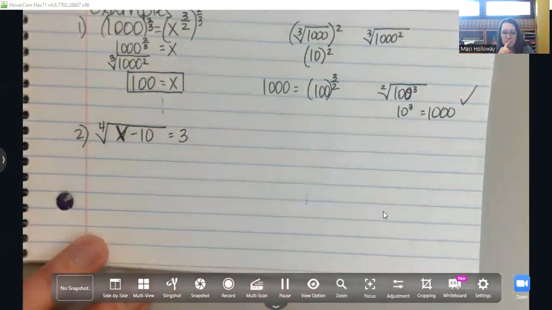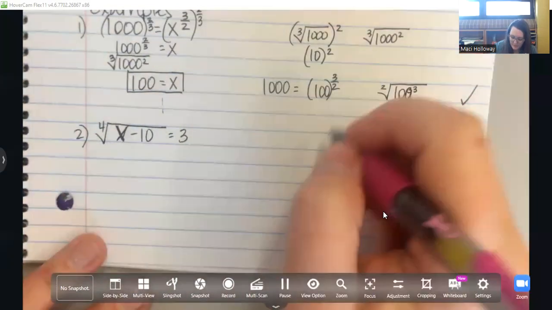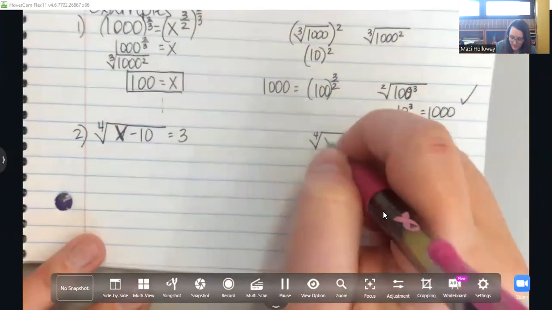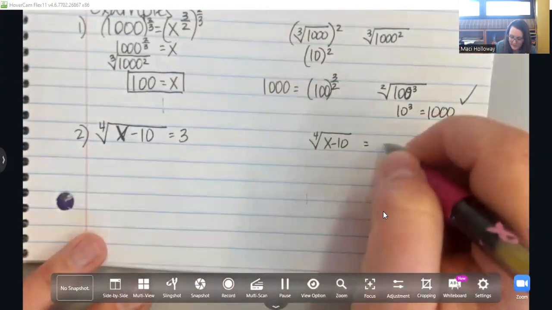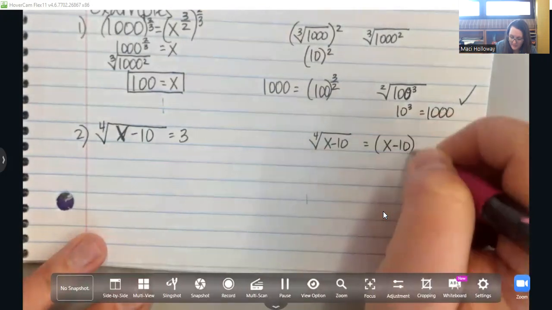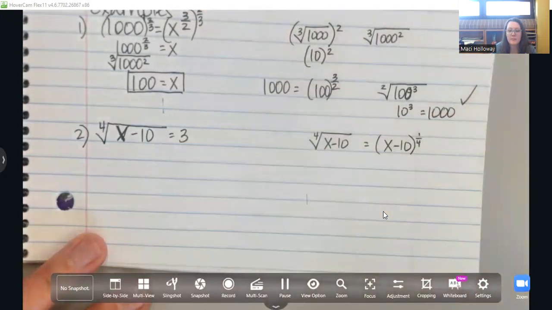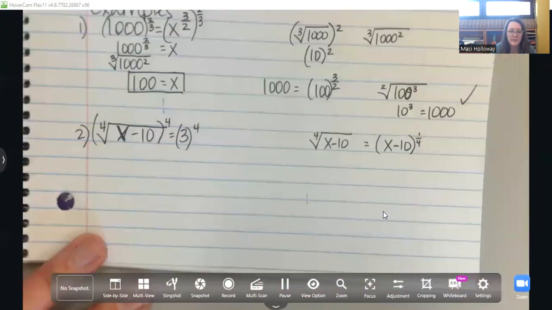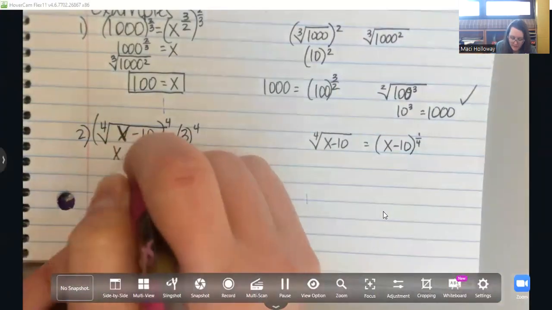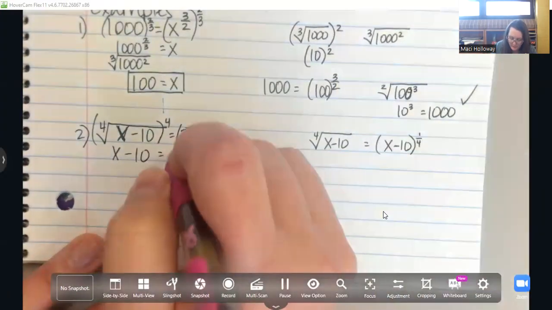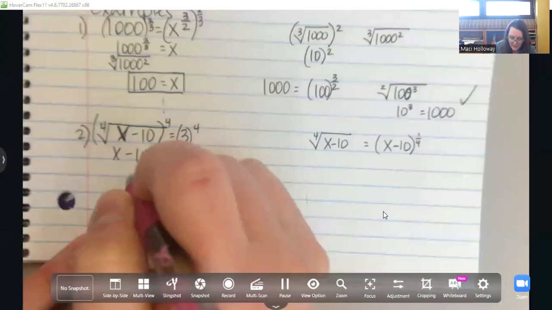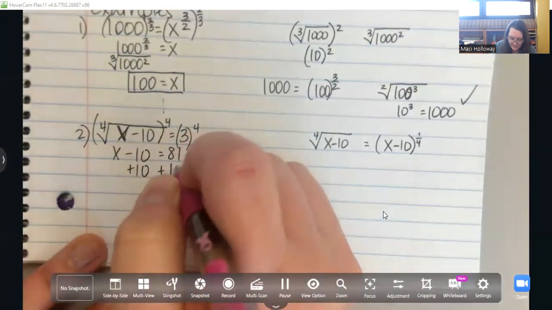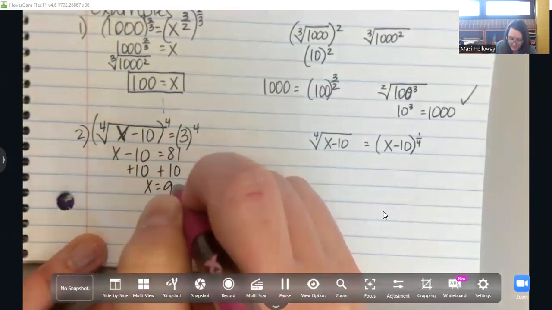The 4th root of x minus 10 is the same as x minus 10 to the 1/4 power. Raising it to the inverse would be the 4 over 1, or just the 4th power. So we have x minus 10 equals 3 to the 4th, which is 81. Add your 10 to the other side, and x equals 91.